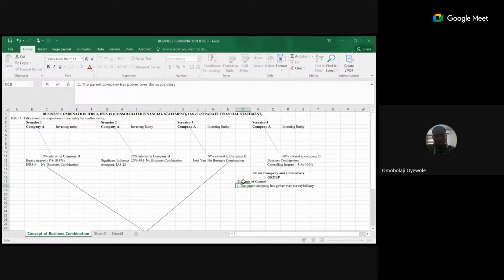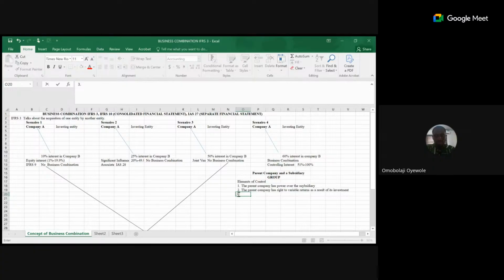The parent company has power over the subsidiary. Number two element of control is that the parent company has right to variable returns as a result of its investments.